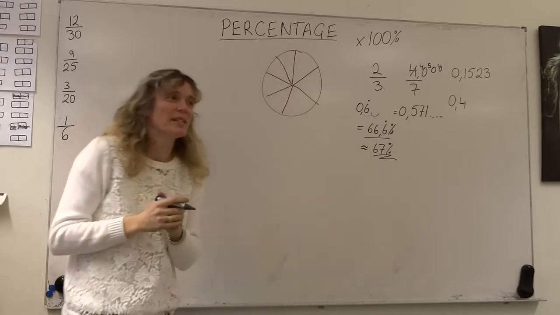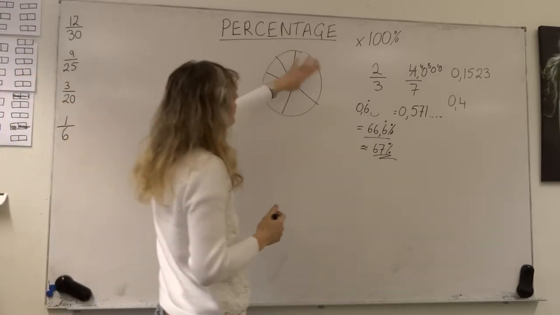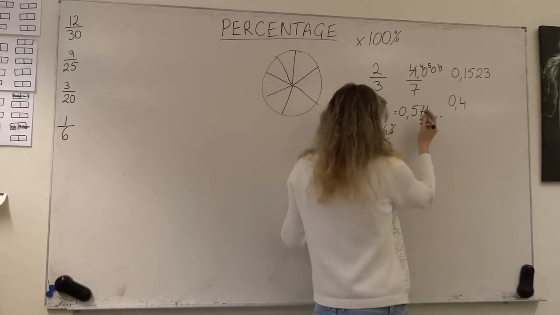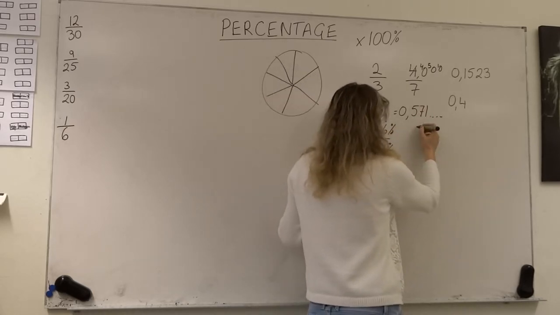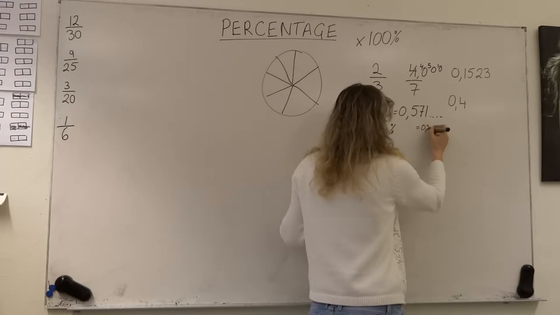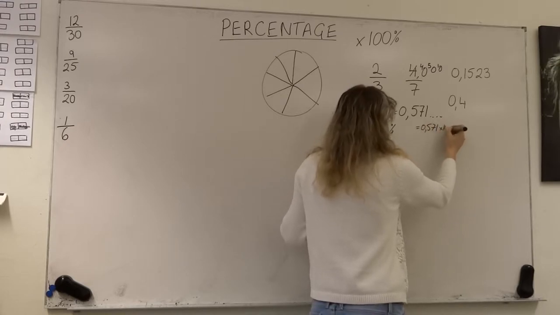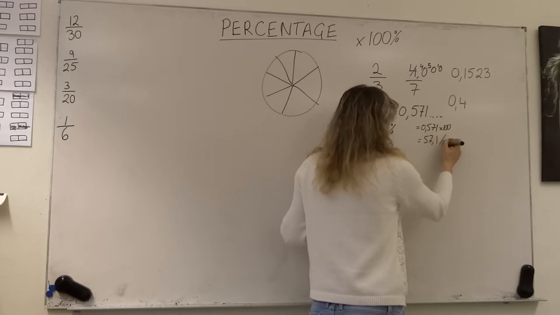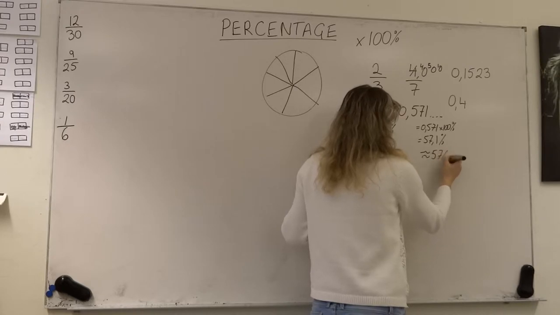Not very equal pieces, but imagine that they were. 4/7 would be 0.571, which as a percentage would be 0.571 times 100, which would be 57.1%, which would be approximately 57%.